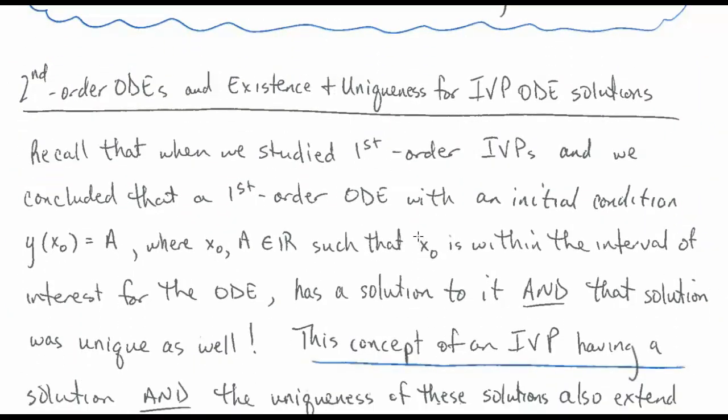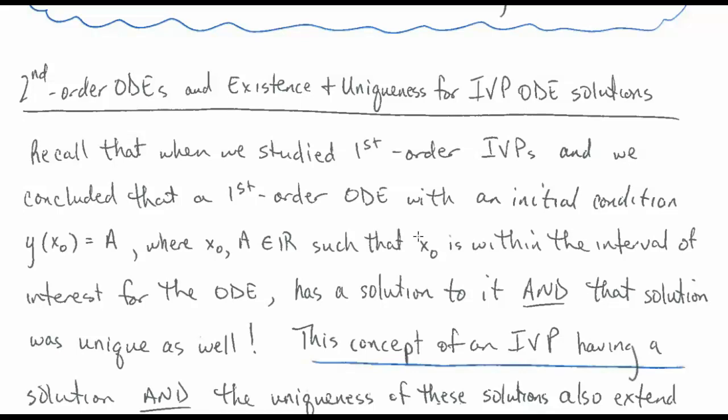Now, again, with the whole point of existence and uniqueness for initial value ordinary differential equation problems and their solutions, I'm not going to get into all the mathematical detail here.